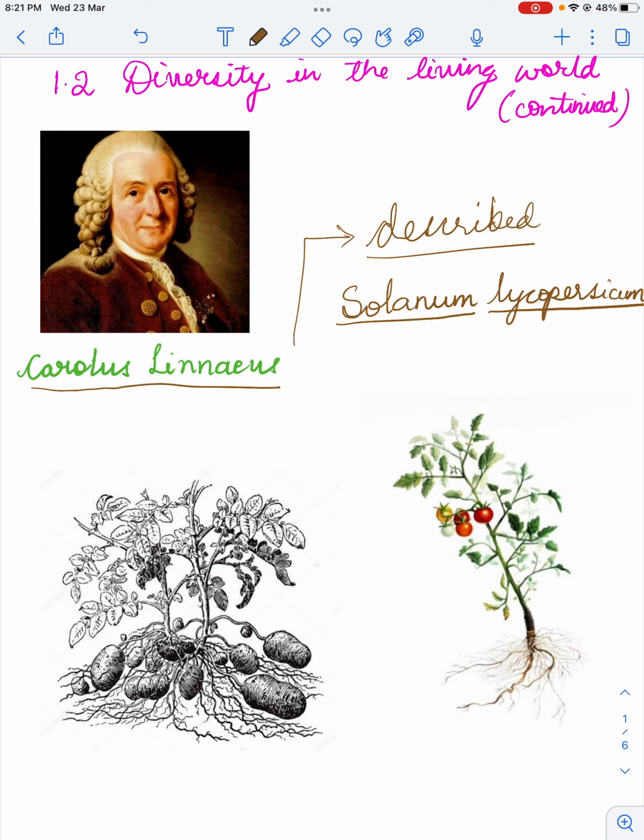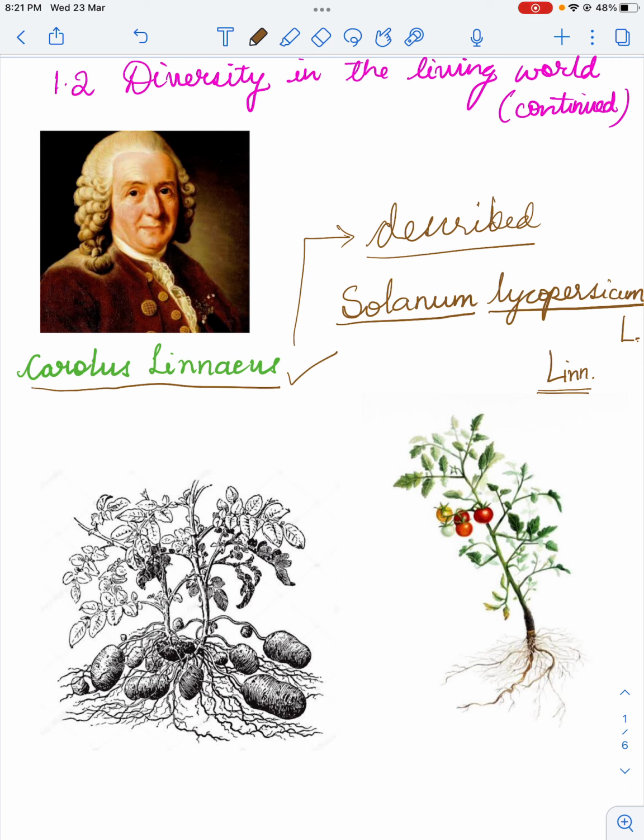Now, in many places you see that besides lycopersicum, they would have written L and a dot, or in many instances they would have written Linn dot. That means this is the name of the naturalist who has described this plant initially.